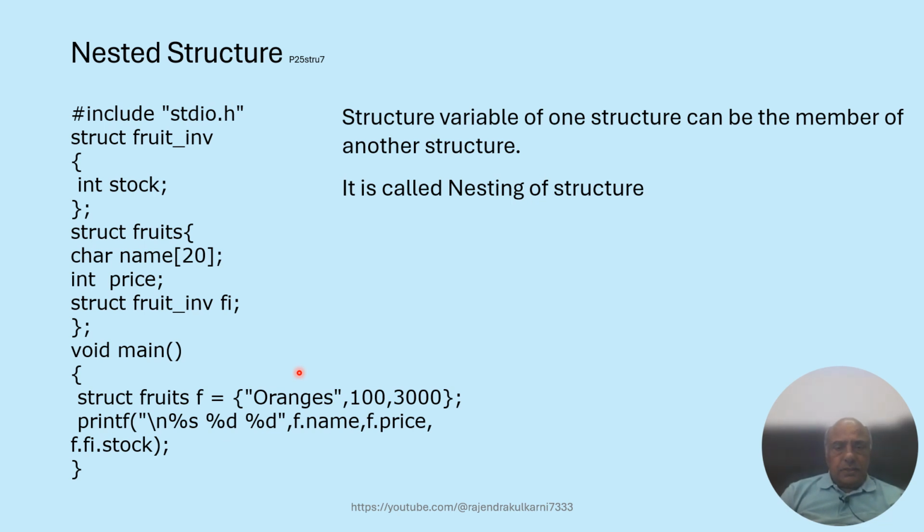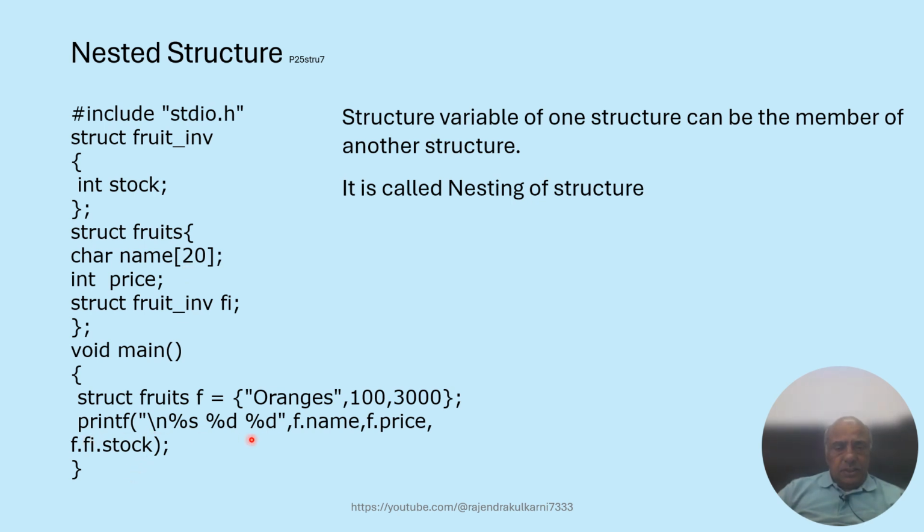How to access the elements of this structure? By a simple printf statement, we are going to display the variables of struct fruits.